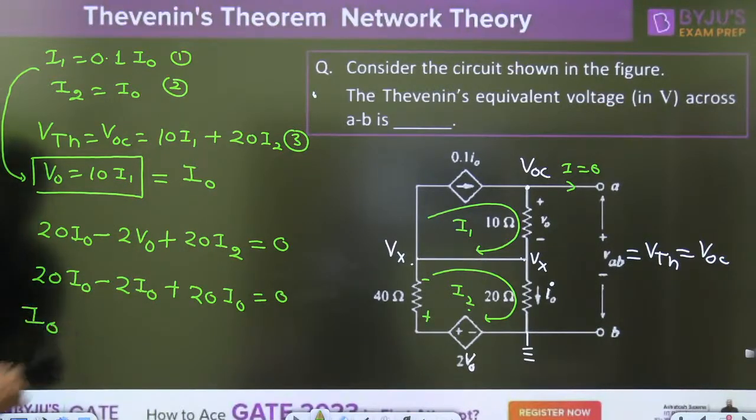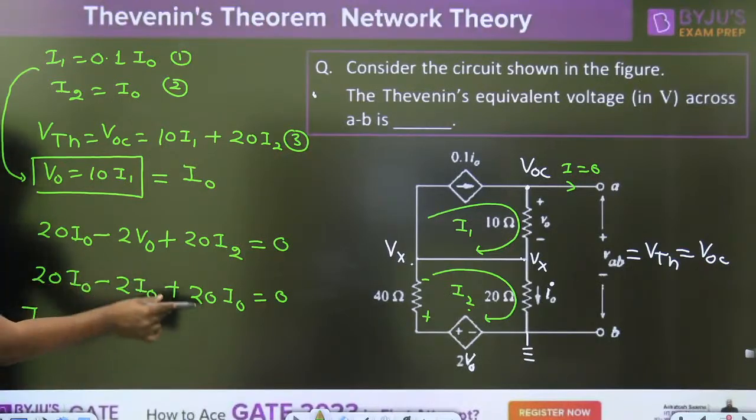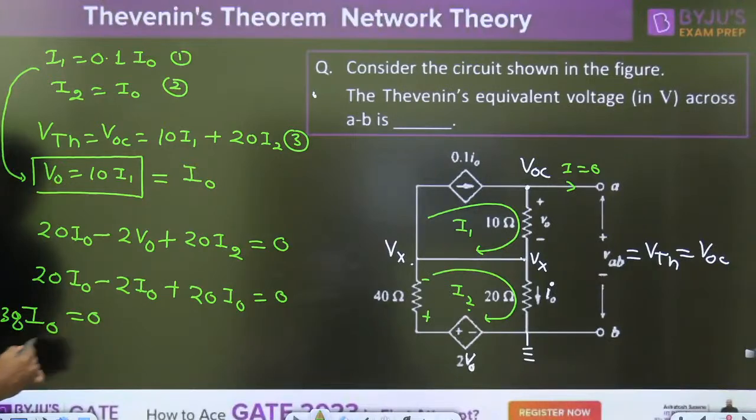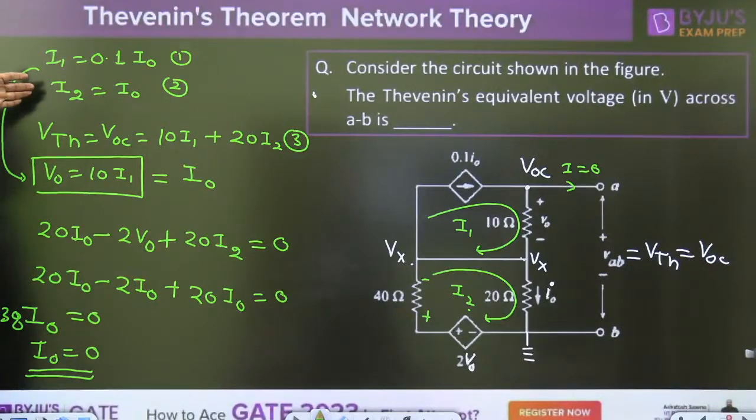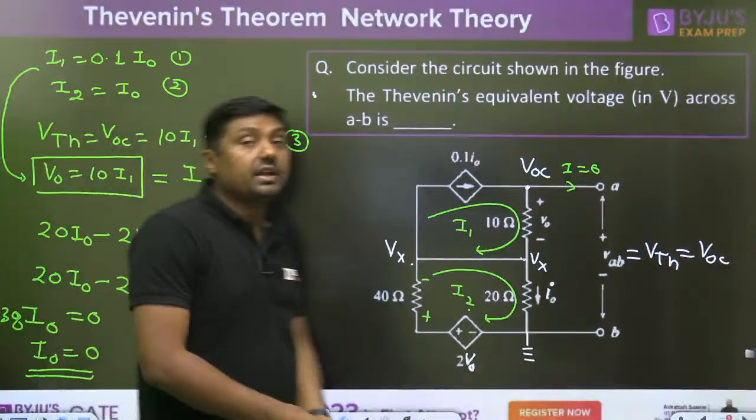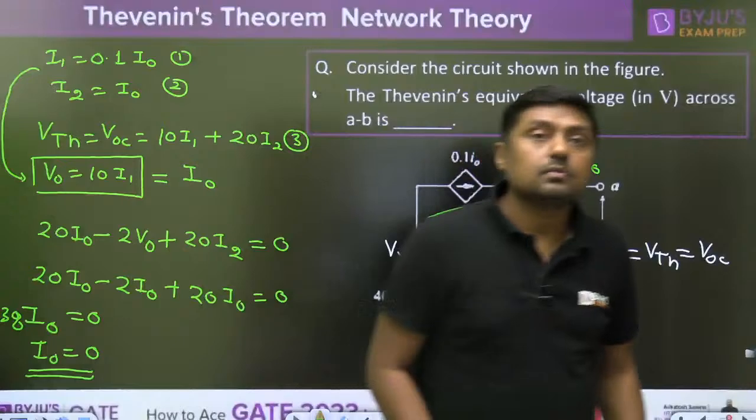Watch this. 20 plus 20, 40 minus 2, 38 I naught is equal to 0, which means I naught is 0. If I naught is 0, then I2 is 0, and I1 is also 0. What is the value of the VTH? You can find the value. This is the VTH.